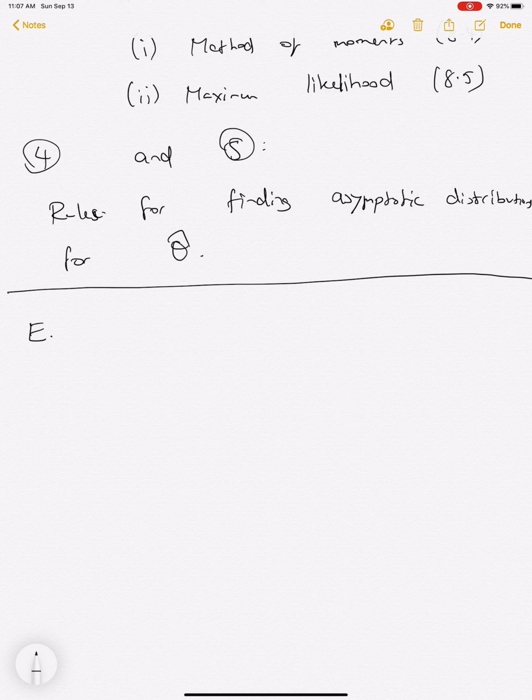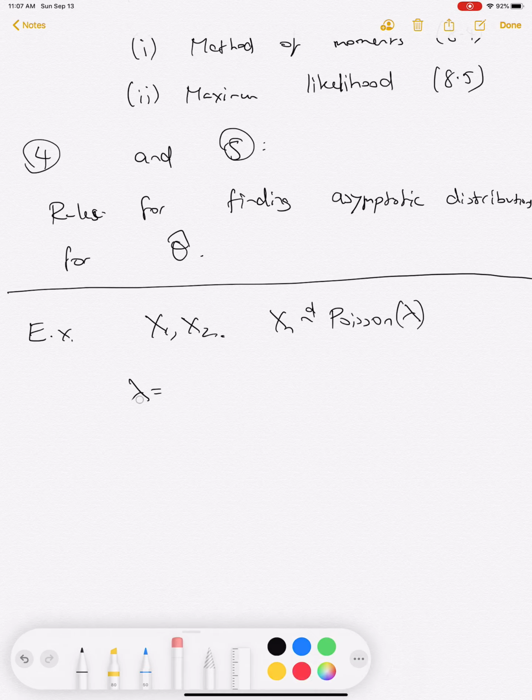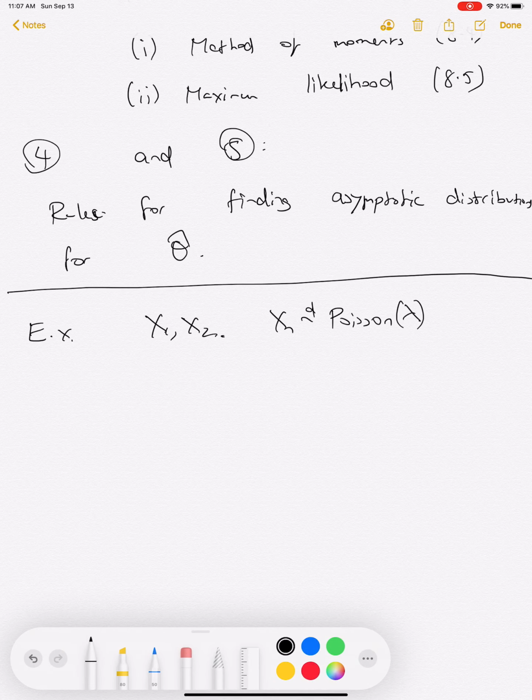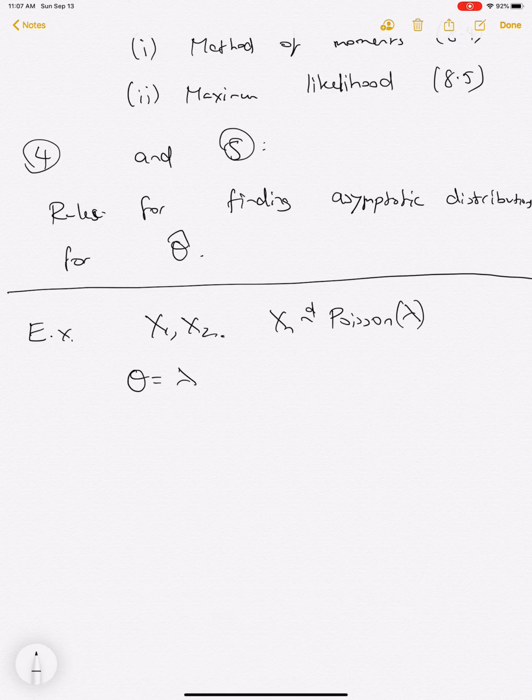So, for example, if we have a bunch of Poisson random variables, then the parameter that we're interested in is this rate. We've already seen this example through voting, which is this Bernoulli distribution.